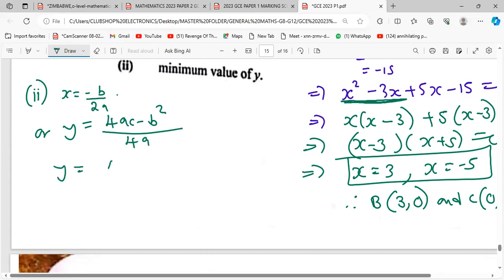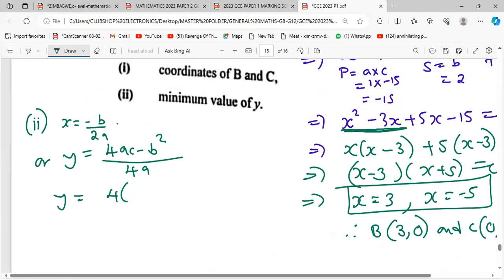What is our A? It is 1. Then our C is -15, minus our B, which is 2, squared.